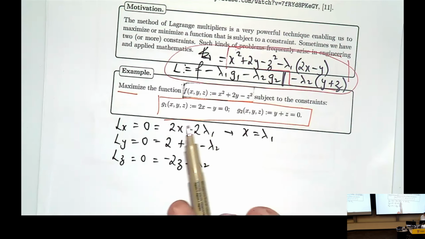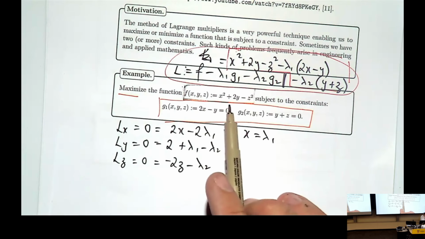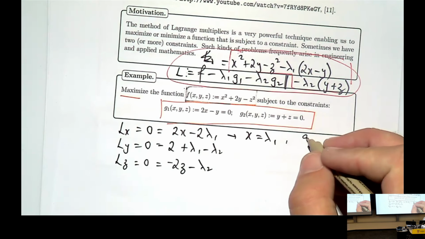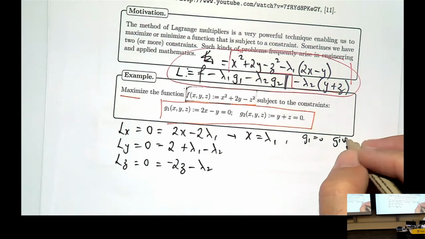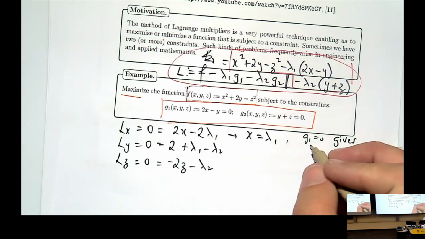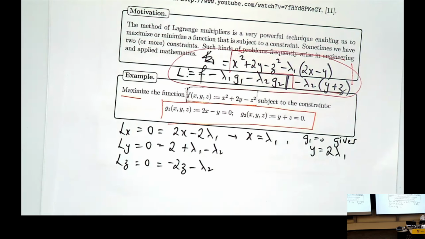If I simplify the first equation, x equals lambda 1, then I use this, I can get lambda 1 in terms of y. And have a look down here, I can get z in terms of lambda 2.